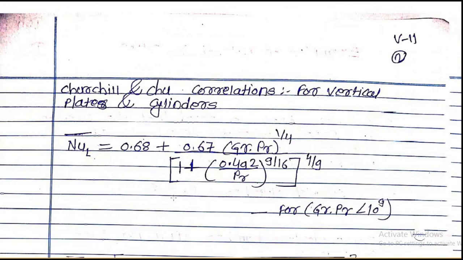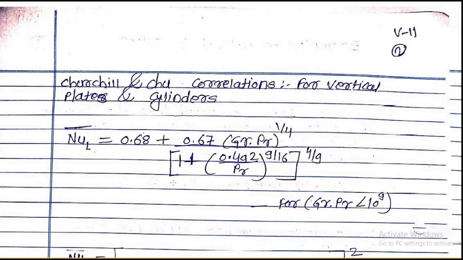Then the Churchill and Chu correlation can also be used for vertical plates and cylinders. According to Churchill, the flow will be laminar when the Grashof's number and Prandtl number product is less than 10 raised to 9.